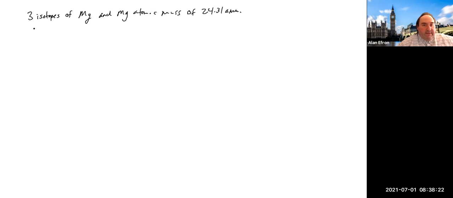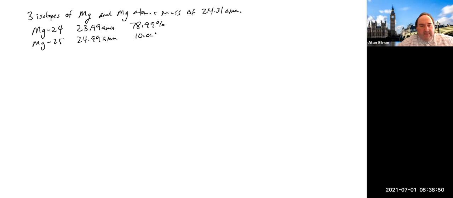If the 3 isotopes of magnesium were magnesium 24 that had an atomic mass of 23.99 AMU and a percentage of 78.99%, magnesium 25, which had an atomic mass of 24.99 AMU and a percentage of 10, relative percentage or abundance.